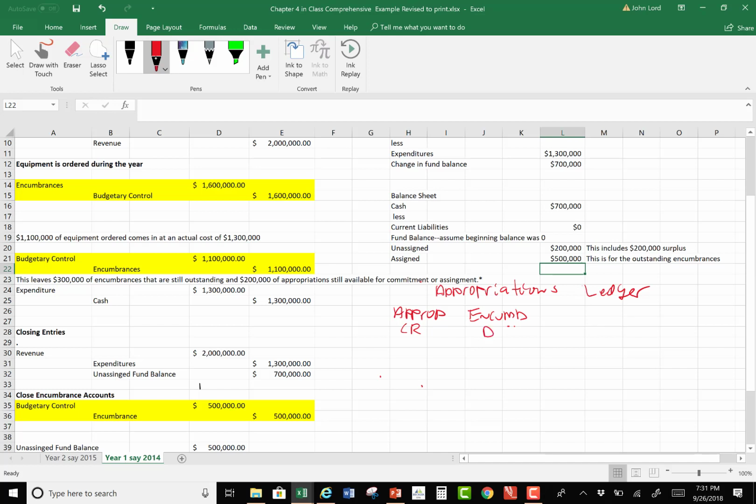Encumbrances are debits, aren't they? Well, they could be debit or credit, depending on what's going on. Then I'm going to have my expenditure column. The expenditures are debits, aren't they? And then I'm going to have the balance.